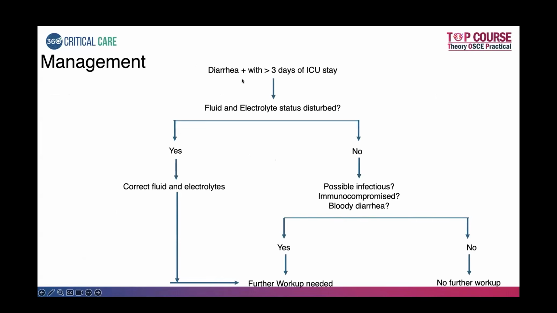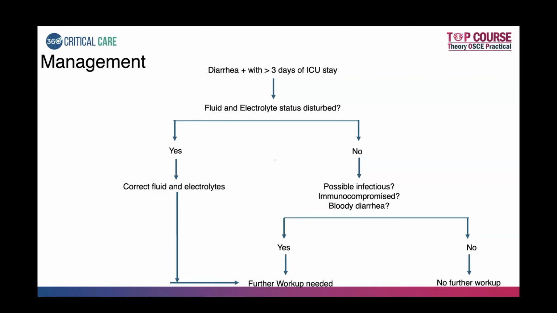So if diarrhea is present with more than 3 days of ICU stay, first thing is you check if the fluid and electrolyte status is disturbed. If it is disturbed, you correct it, then you go ahead with further workup. Whereas if there is no disturbances, then you check whether the patient is possibly infectious, immunocompromised, or there is presence of bloody diarrhea.